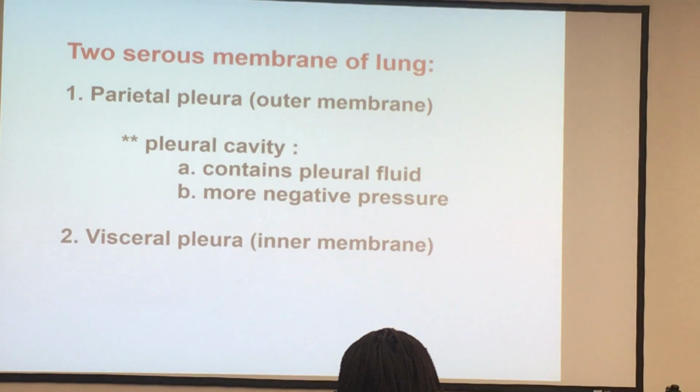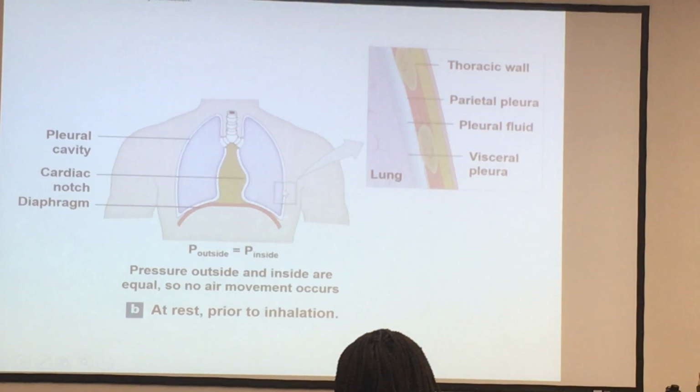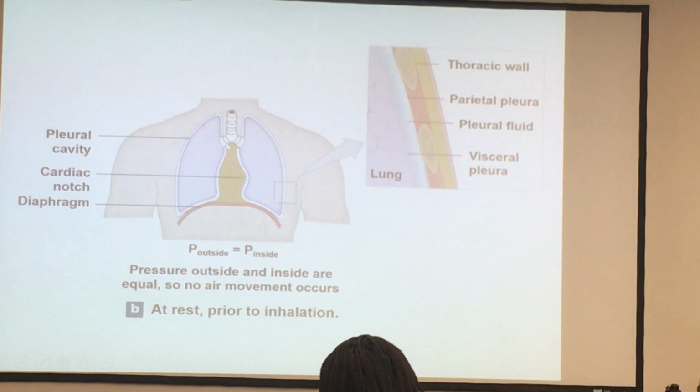And the pressure inside this pleural cavity is more negative. We will mention this later. So very similar to the heart, right? Okay, take a look at this. The right lung and the left lung are completely independent. So if some person lost one lung, let's say because of cancer or something, that person can still survive, no problem. Okay.